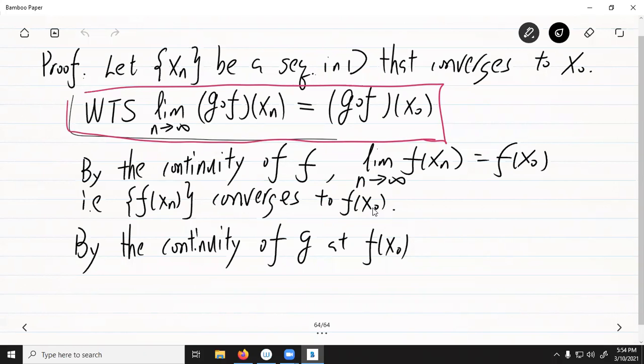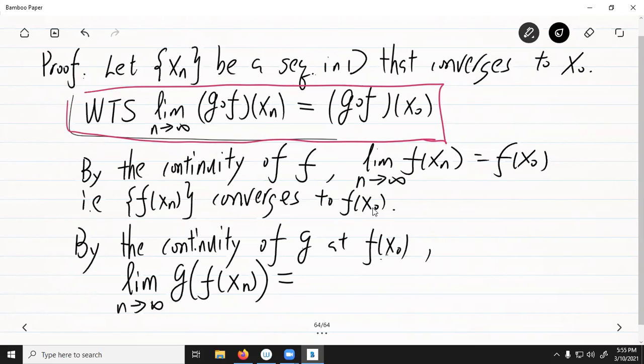The sequence is in U, and this sequence has the limit f of x naught, and g is continuous at f of x naught. So that means the limit as n approaches infinity of g of f of xn, g of the sequence which converges to f of x naught, is equal to g of f of x naught.